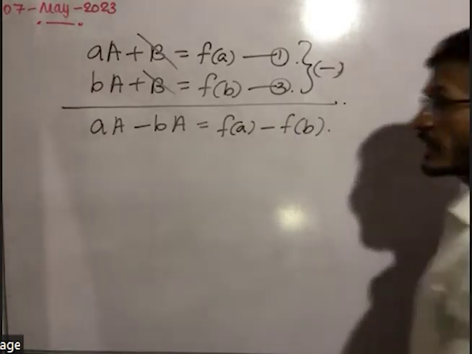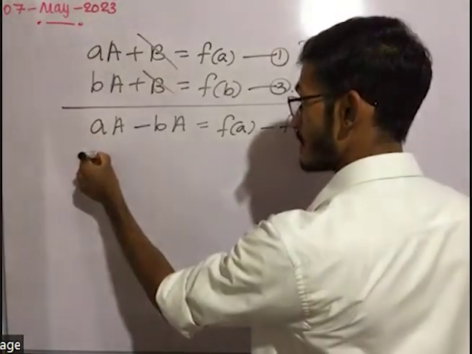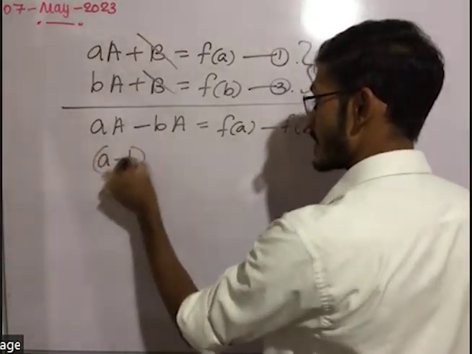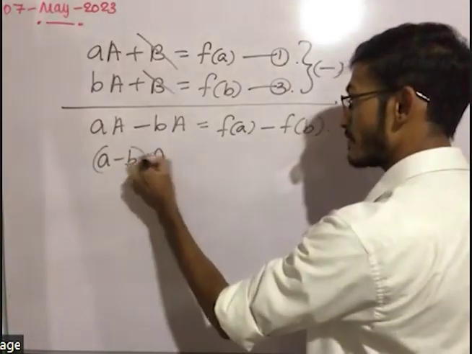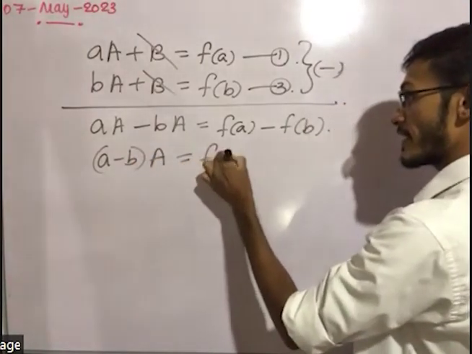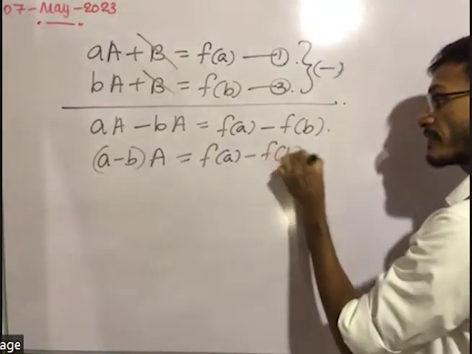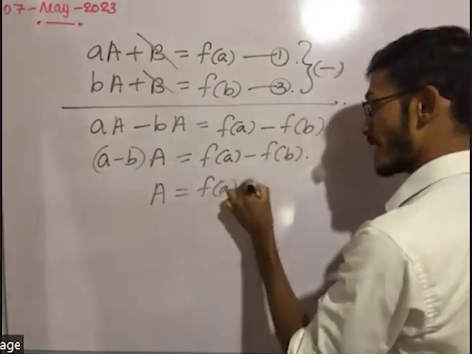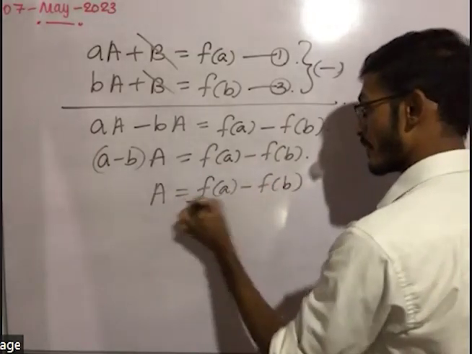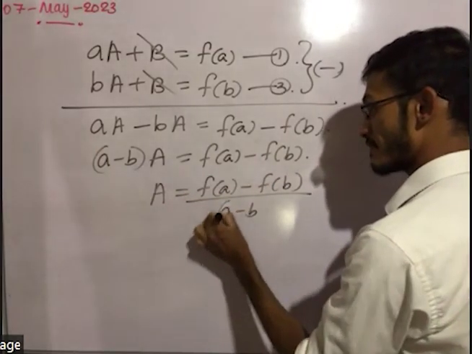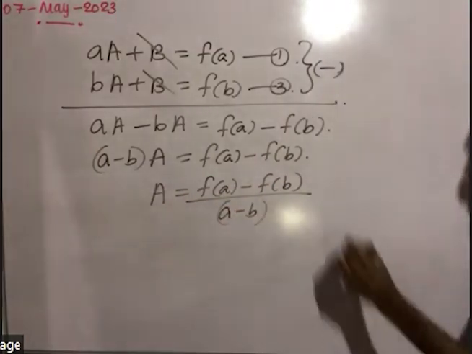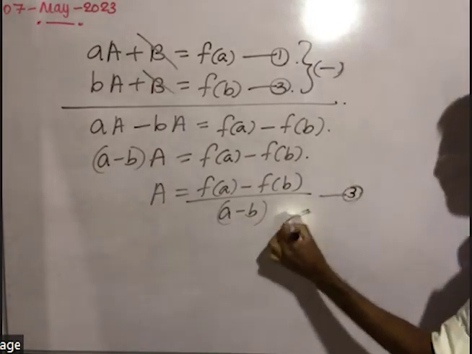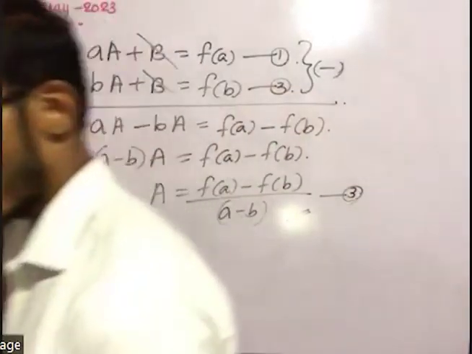Capital A is a common term, so we can take out the common term A minus B. Now capital A will be equal to FA minus FB over A minus B. I will take this as number 3.